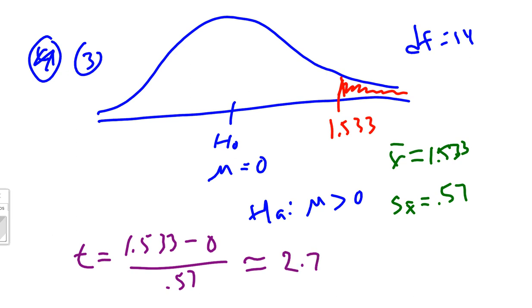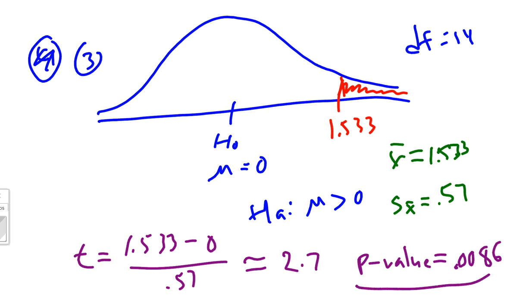So that's a pretty big t-score. It's pretty far away. And if you take the time to look up in a chart or use TCF in your calculator, which I assume you'll do, then you would get a p-value equal to 0.0086.